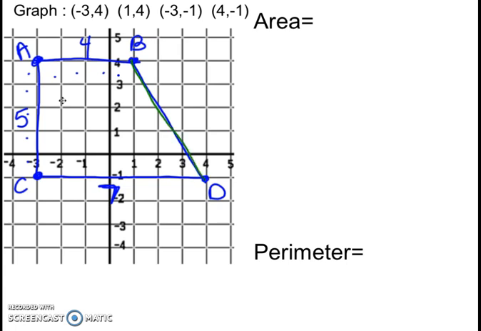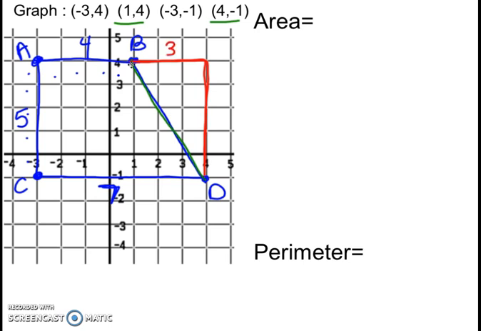Now you can do the distance formula between points B and D, which would be these two points, or we can use the Pythagorean theorem, which I think is a whole lot quicker. So I'm going to do that. I'm going to create a right triangle where the side I'm looking for is my hypotenuse. So this length is going to be a 3.